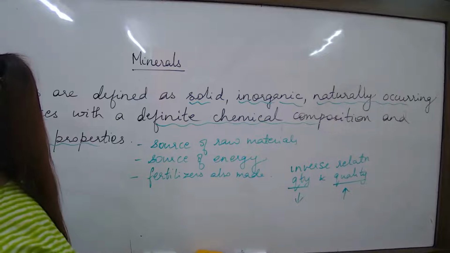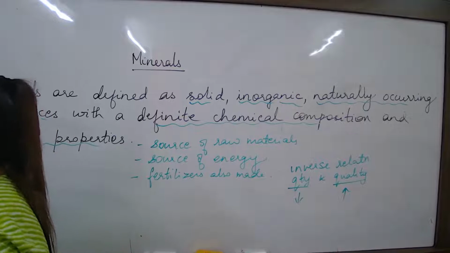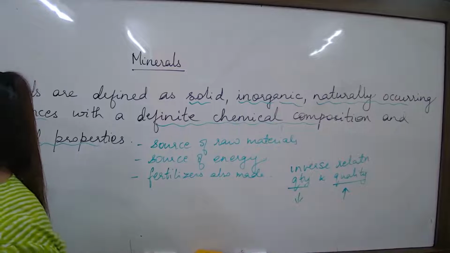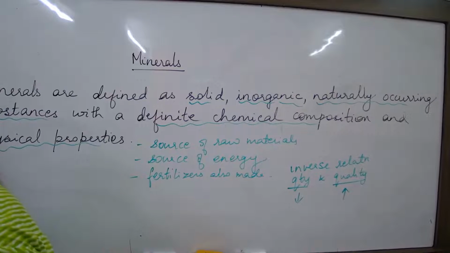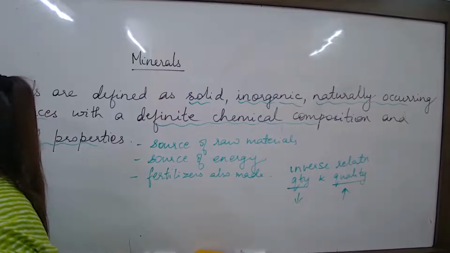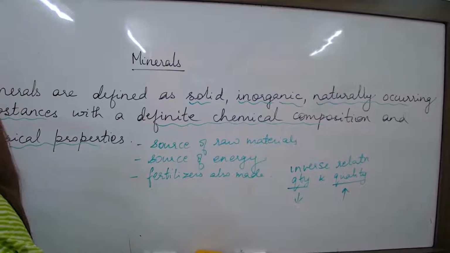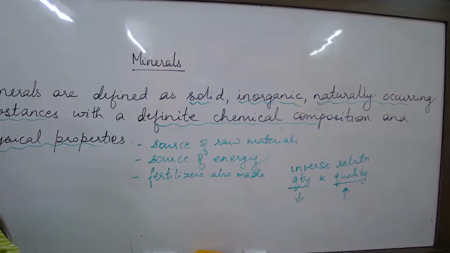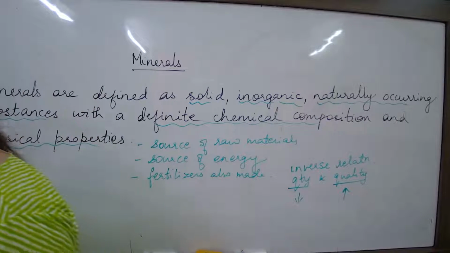So they do not have luster. They are not malleable. Organic non-metallic minerals include all of these. Organic, why? Because they are formed out of decayed plants and animals, right? So they include fossil fuels, and inorganic non-metallic minerals include mica, graphite, limestone, etc.